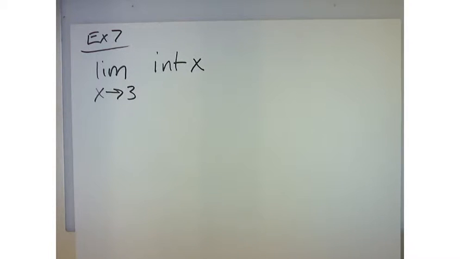Now this is like a step function. It's an integer function, and what it does is the y values are just integers. So it doesn't matter what you plug in for the x value. What matters is, well, let me show you how to graph it, and then you'll get a better idea of it.